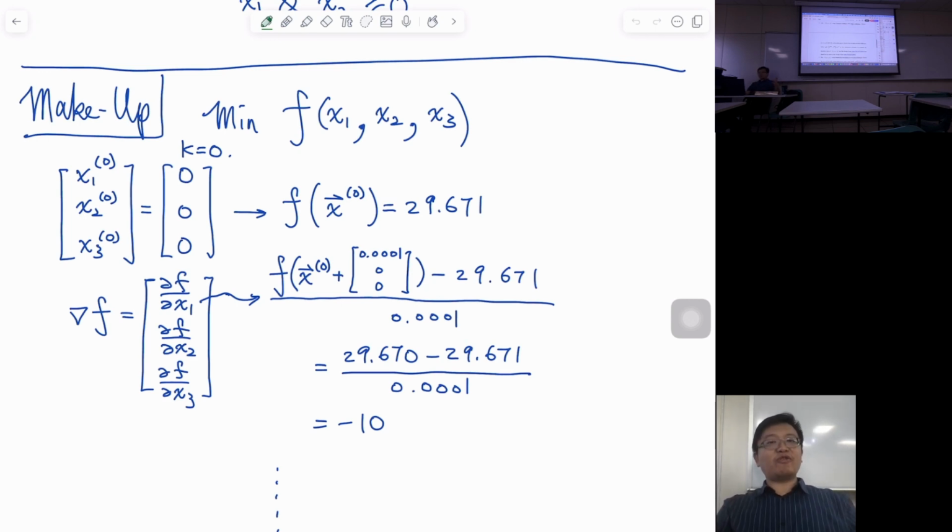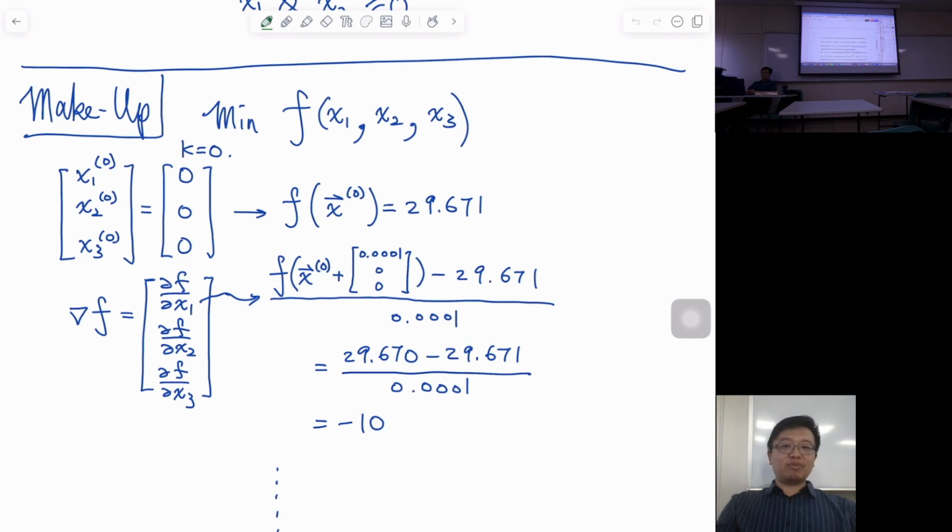The only way for you to do derivative is to do finite difference. Otherwise, you have no idea what to do. And this time I ask everyone to start from 0, 0, 0, so you don't make a random guess that may not be good for the optimization process.